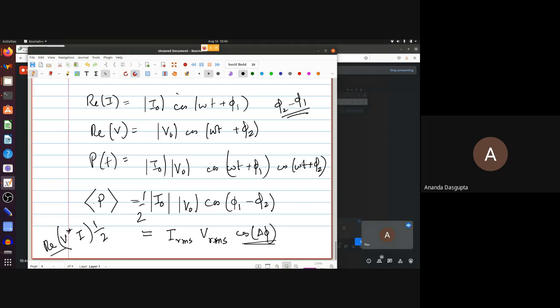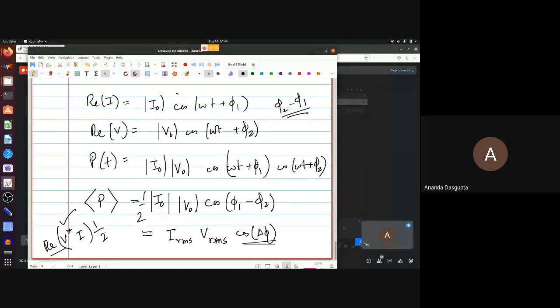Because you're dealing with complex currents and voltages all the time, it is convenient to have a formula which just gives you the result in terms of complex currents and voltages without having to take the real part to begin with. But that formula is derived by actually taking the real part, doing the messy calculation, the integration and so on, and then finally you arrive at this one result, which actually is very, very important.